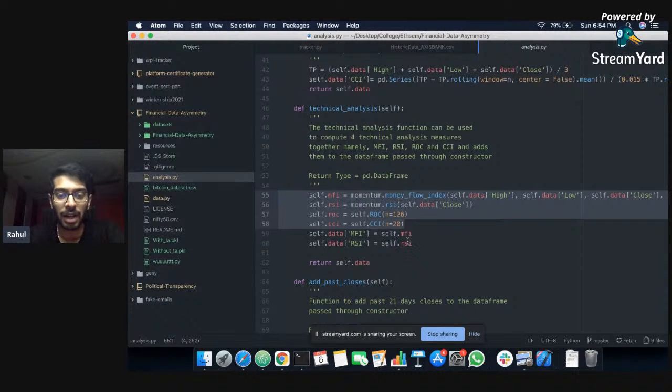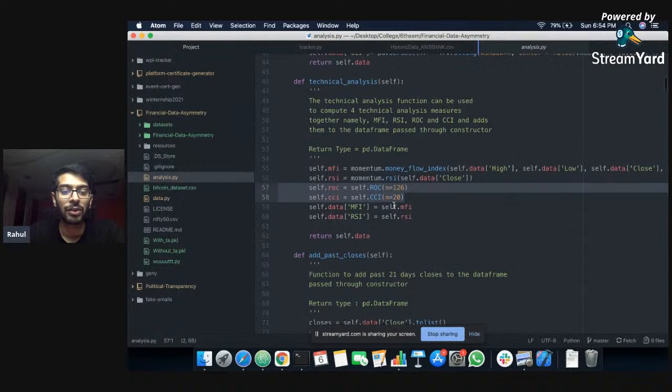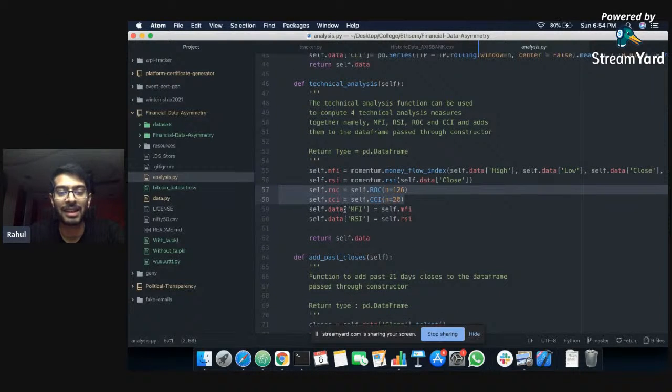Now, as I mentioned, it's all about feature generation. All of these things can actually be added as features to the data set itself. After doing some analysis, we realized that the ROC and CCI are not giving a lot of information, so we decided not to include those within the data set, although we've generated the data for them. Instead, we decided to add MFI and RSI into the data set.